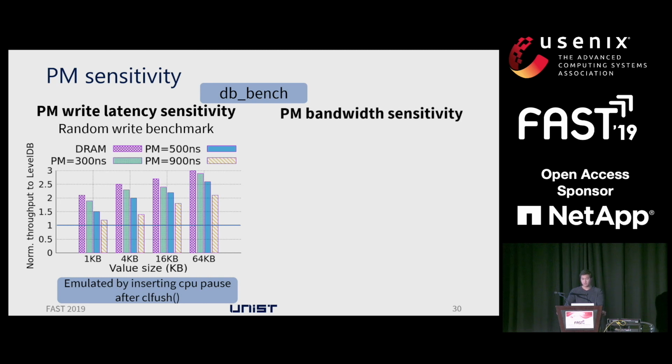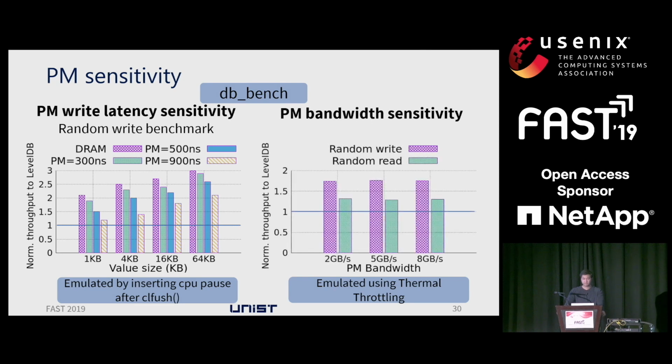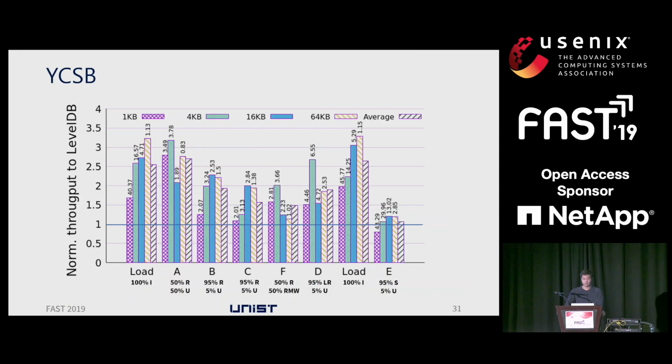And for persistent memory bandwidth, we emulated it using thermal throttling. We emulated our persistent memory in the second socket, and we thermal throttled that socket. And we can see that our performance does not fluctuate much.